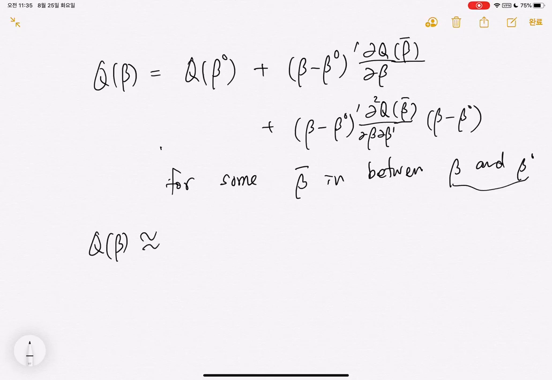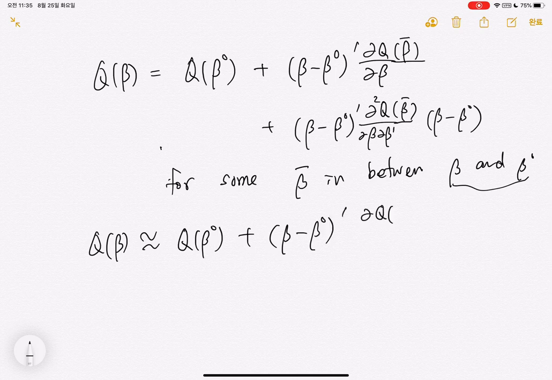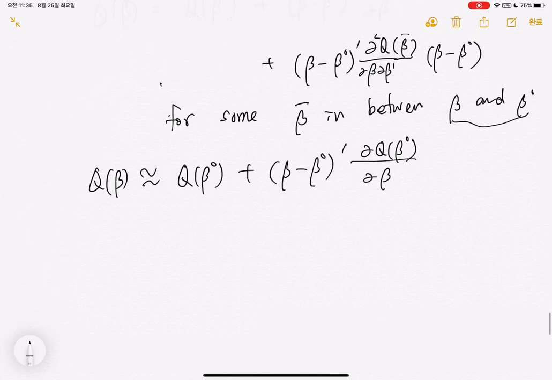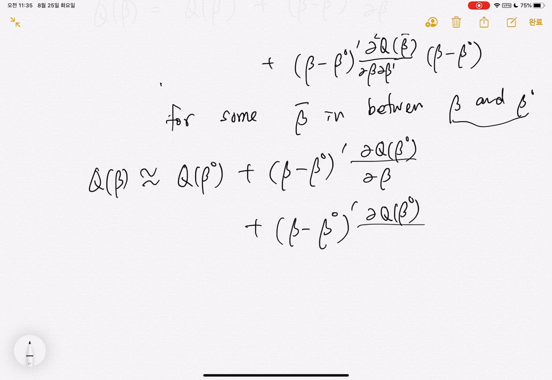Okay, when beta and beta naught are very close to each other, then Q of beta is approximated by Q of beta naught plus beta minus beta naught prime partial Q of beta naught over partial beta, plus beta minus beta naught prime partial squared Q of beta naught over partial beta prime partial beta, times beta minus beta naught.